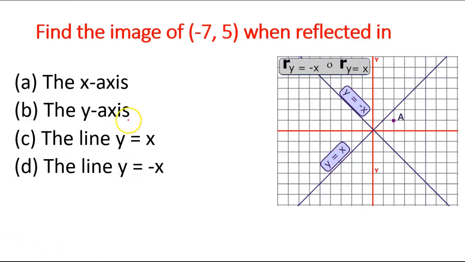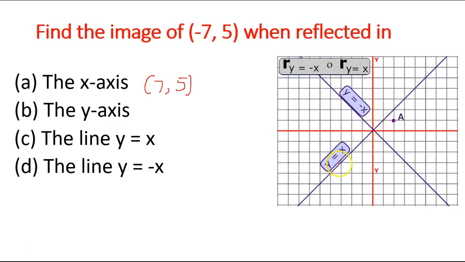So basically, reflection is one of the easiest transformations to do. Identify the line of reflection, your mirror line. If it is the x-axis, keep the x coordinate the way it is, and then change the sign of the y coordinate. If your mirror line is the y-axis, keep the y coordinate and change the x.